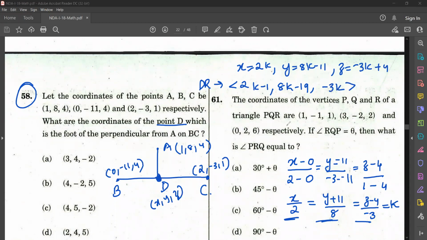These are the direction ratios of the line AD.